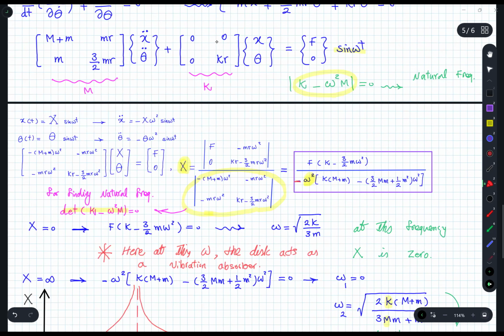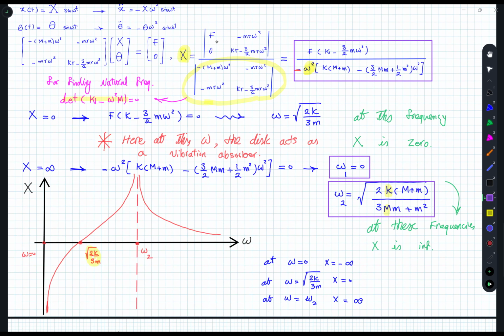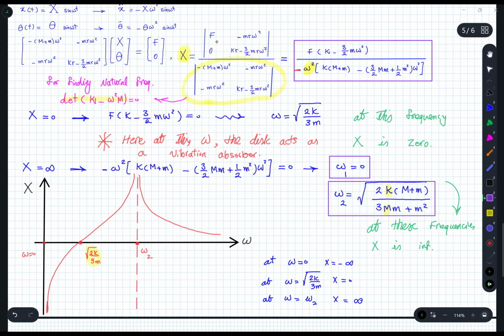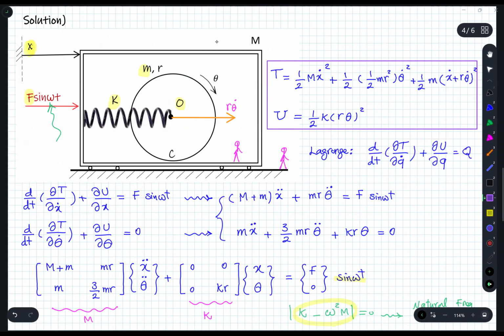The second interesting feature is at omega equal to 0. We have a system of 2 degrees of freedom, but one of its natural frequencies is actually 0. What does it mean? A natural frequency of 0 means rigid body. It means there is no harmonic motion. Let's go back to the system that we have. Remember, natural frequency means no external load.